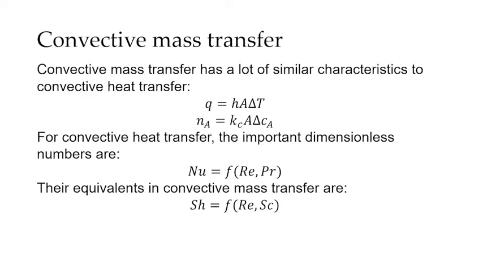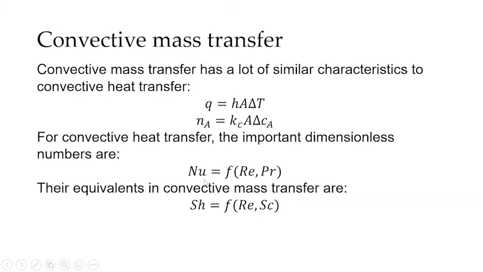If you go back to our discussion on convective heat transfer, the most important dimensionless number there is the Nusselt number, wherein the Nusselt number is a function of the Reynolds number and Prandtl number, and the Nusselt number is equal to hL over k. Now, this is for forced convection because we are using Reynolds number instead of Rayleigh number. But regardless, Nusselt number is very important for convective heat transfer.